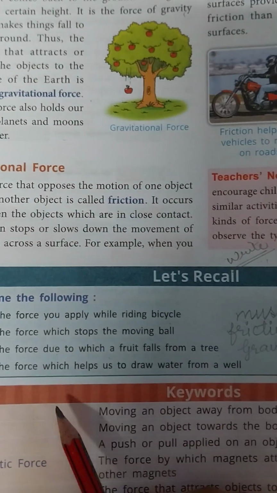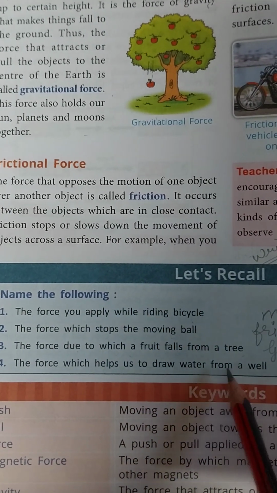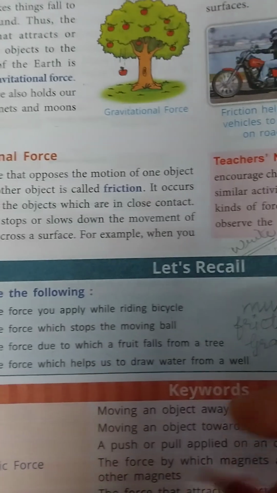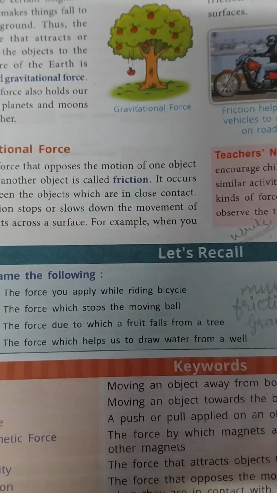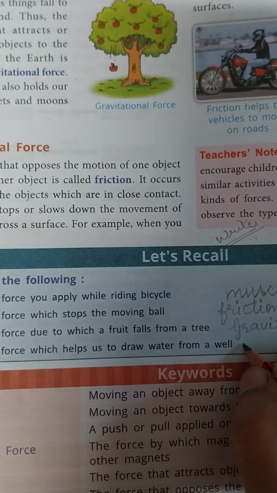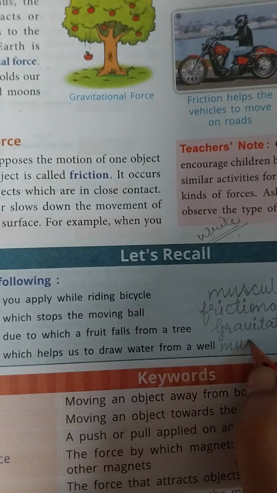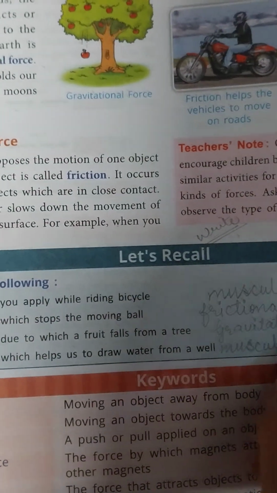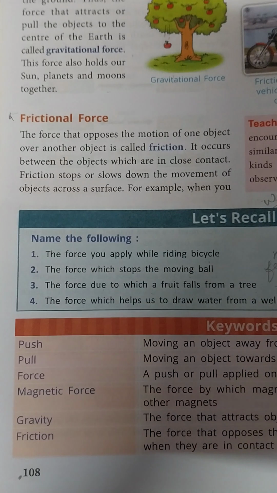GRAVITATIONAL. The force which helps us to draw water from a well. How do you bring water from a well? Muscular force, because you need to take help of your muscles. MUSCULAR.